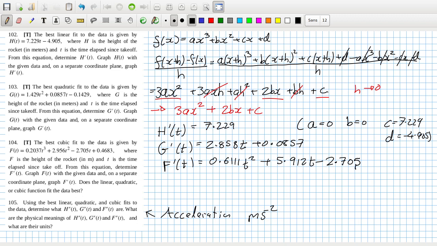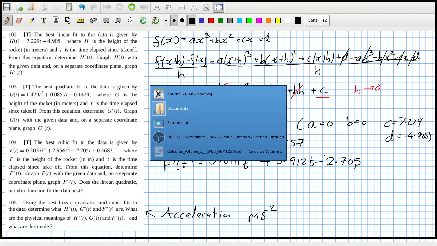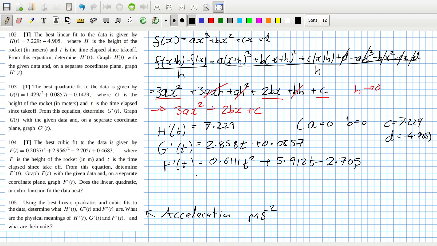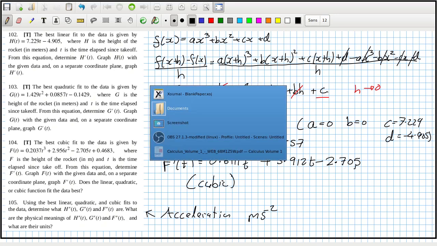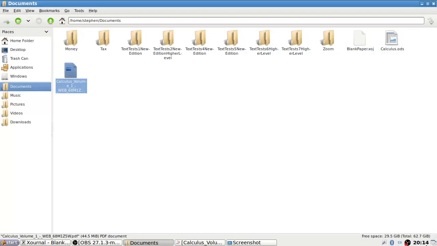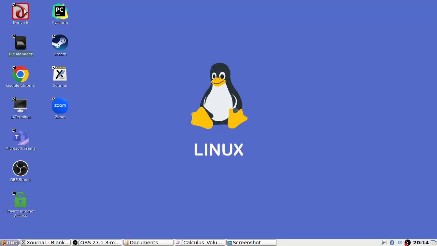Okay. It's kind of difficult to answer which one fits it best with the software I have. I'm expecting it to be the cubic, but I'd actually have to calculate it to know for certain. But let's plot the graphs anyways.